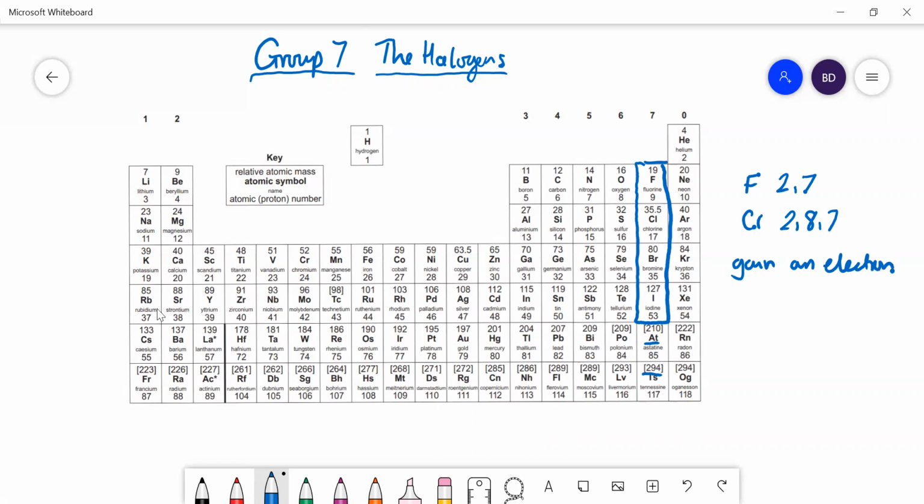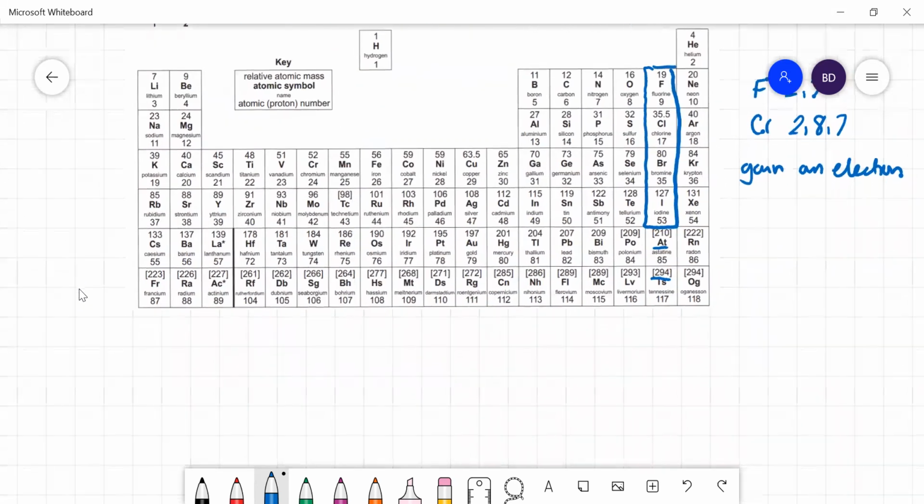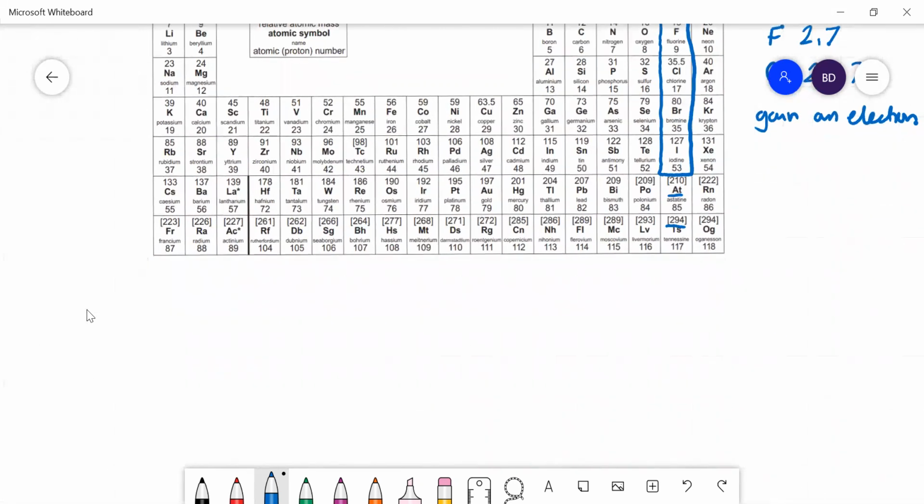Obviously they can get that electron from elements such as metals, which give away electrons. So let's just see the reaction between sodium and chlorine. We're going to get sodium, which has the electronic structure 2, 8, 1, and chlorine, it's always Cl2, so let's put a 2 there, and we're going to get 2 NaCl.